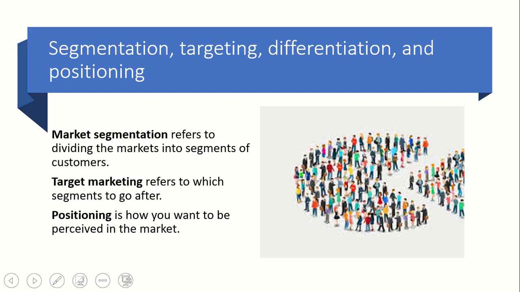Next, we are going to talk about the marketing strategy, which has segmentation, targeting, differentiation, and positioning. You need to discuss your product and the company's target markets: who they are targeting, who they are selling their products to, what market segment they are actually targeting, and how they are differentiating and positioning the product.